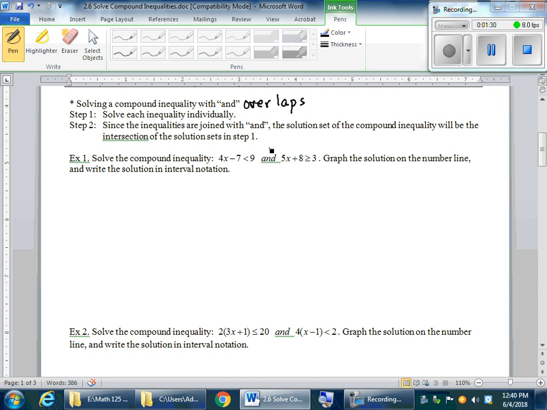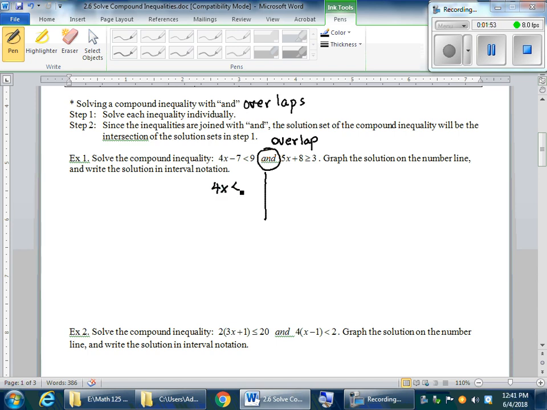In this case, it is "and", so we are interested in looking for overlaps. First we solve each inequality, adding 7 to both sides.